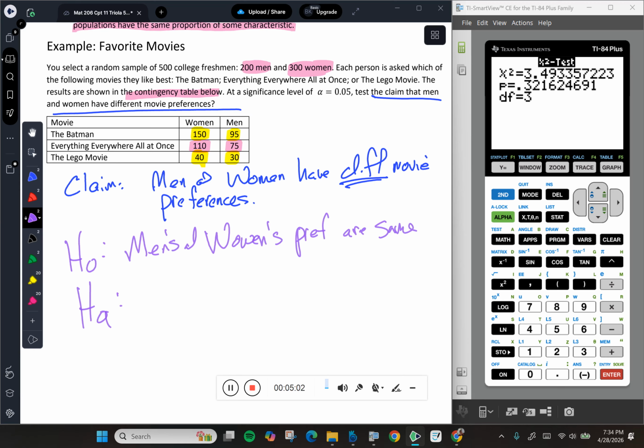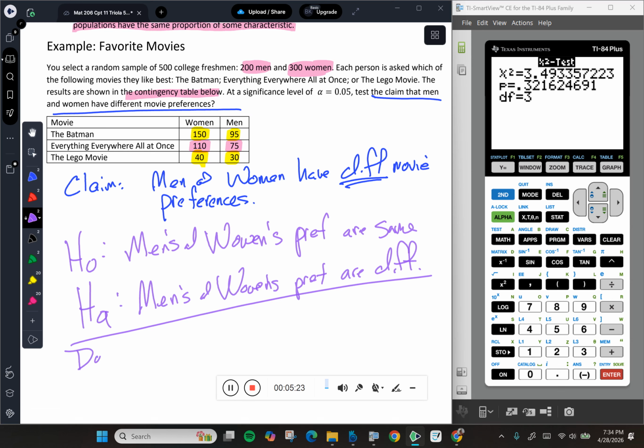The alternate is that men's and women's preferences are different. All right. Our data is that table, and our alpha level of 0.05 that we're going to test against.